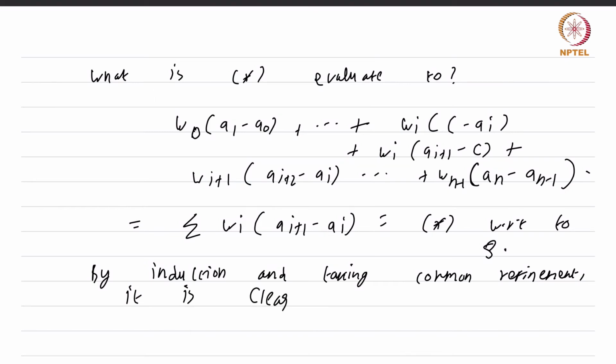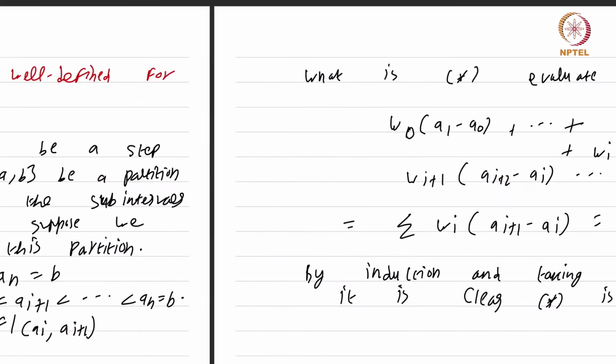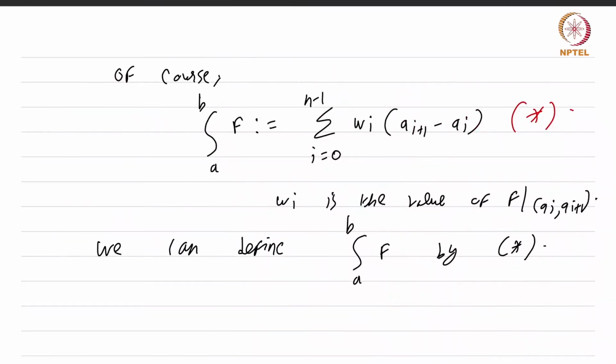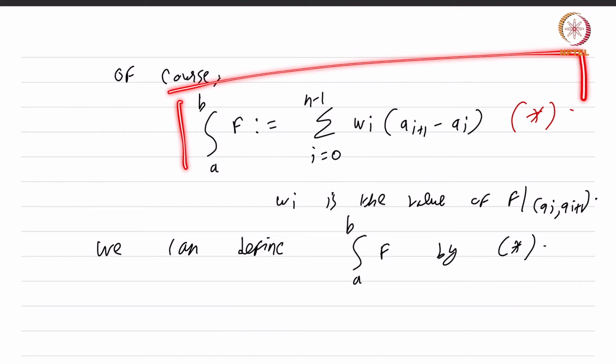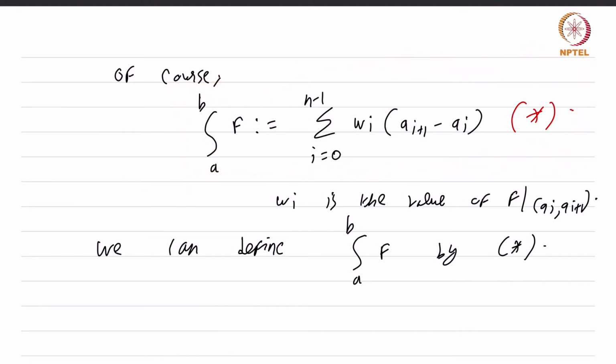I will not belabor this proof anymore. It should be clear to you what is happening, and you have done such proofs quite a lot when you studied the Riemann integral as part of Real Analysis 1 or elsewhere, wherever you picked up the Riemann integral from. Excellent. So we have shown that this star is a good definition for the Riemann integral for step functions.